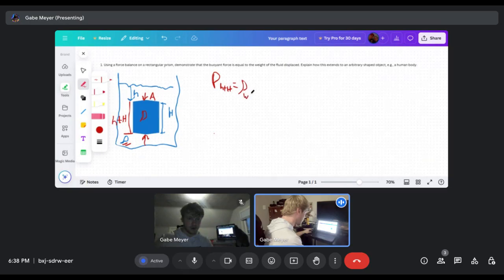So density of the water times gravity times the depth that we're at, which is just h plus big H.